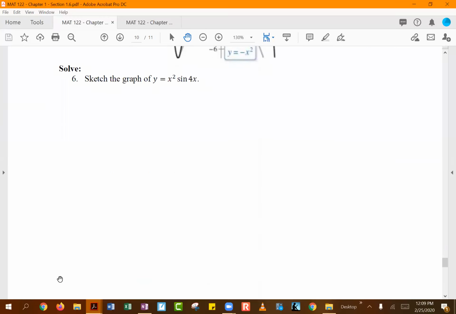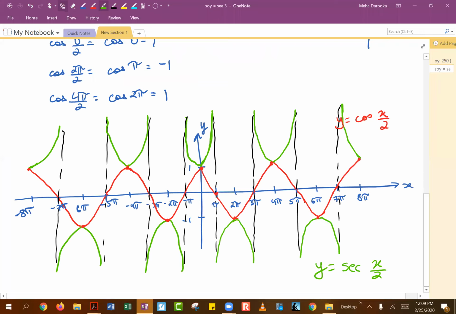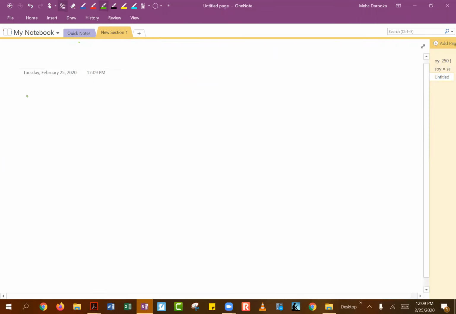So we're actually going to do something similar to this example we just saw, and we're looking at x squared sine of 4x. So we have x squared sine of 4x.